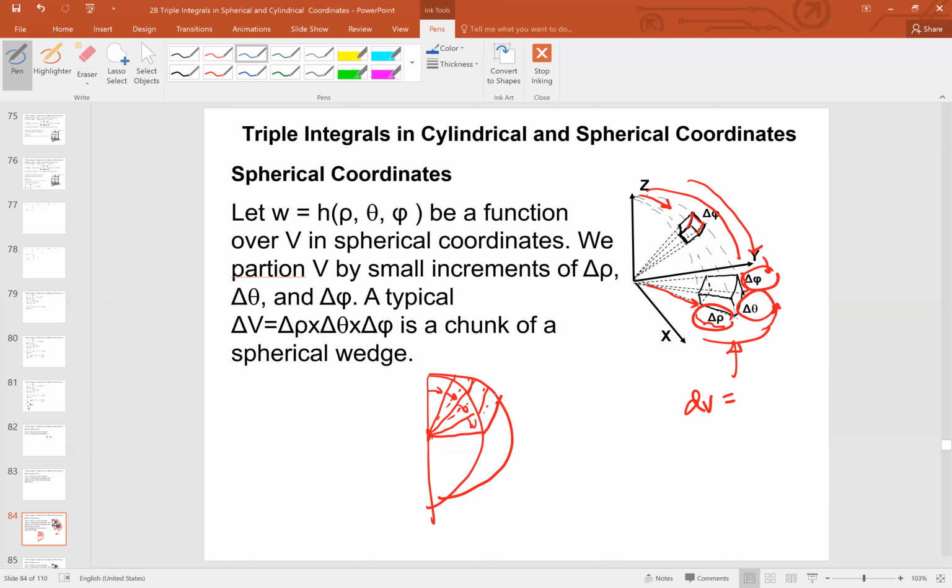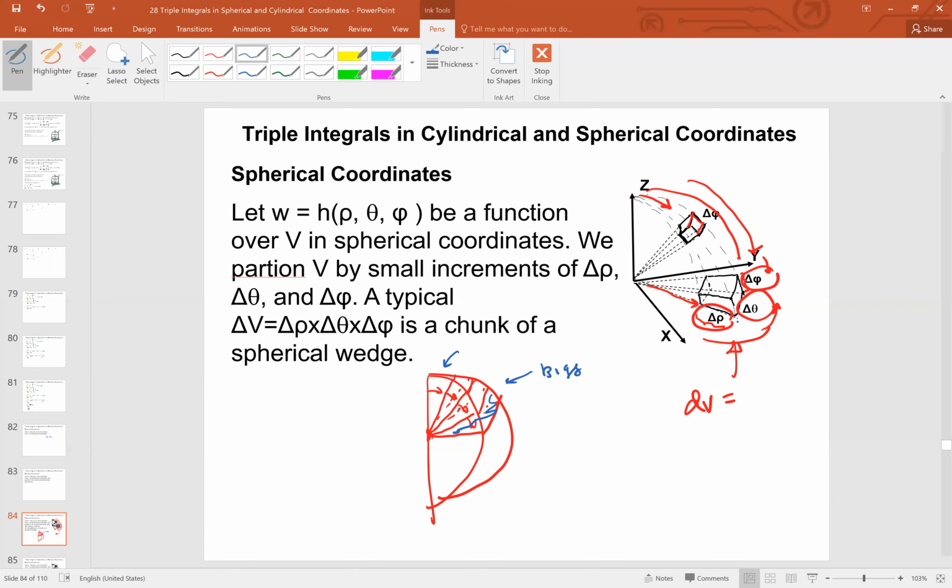Notice the pieces on the bottom are a lot bigger than the pieces on top. The one on top is very small, it's in the corner, a little sliver, but the one on the bottom is like a big slab on the floor.